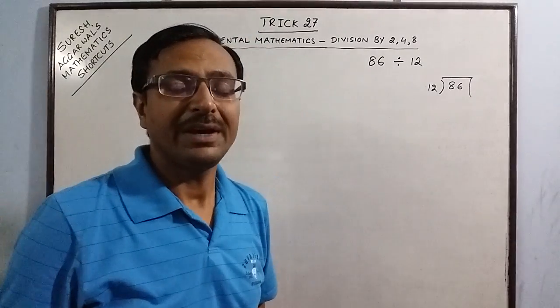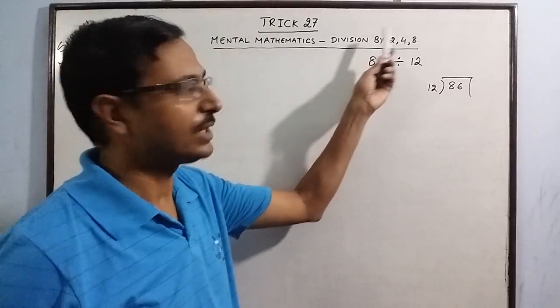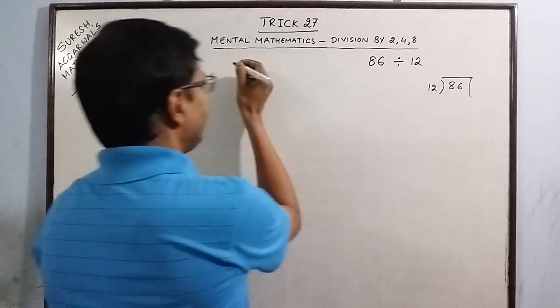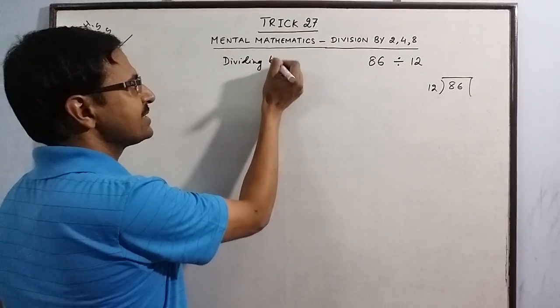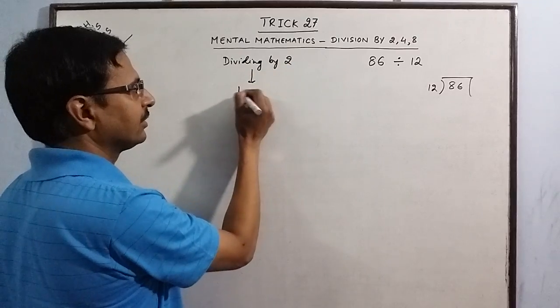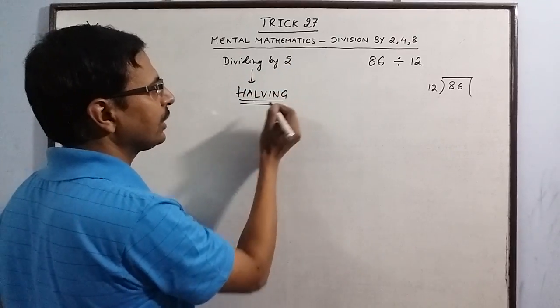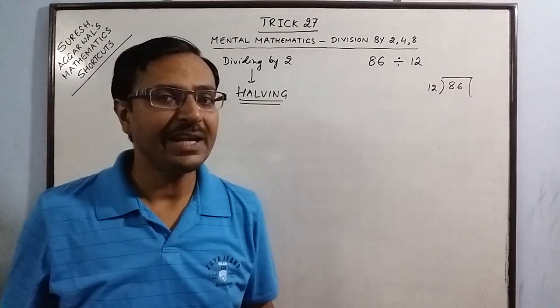Now when we start division, we start it by basic numbers of 2, 3, 4 and all. So if I say dividing by 2 is nothing but halving, that is splitting a number into two equal parts. That is the meaning of dividing by 2.